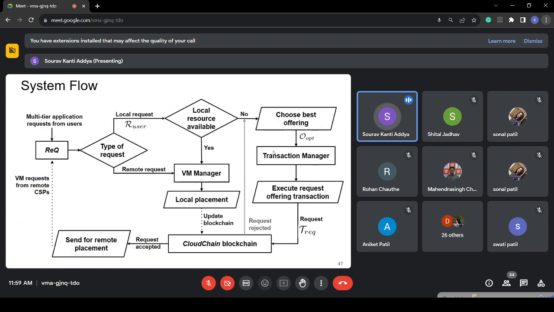I will briefly explain how things are happening and how we have implemented the logic. Basically, this is your smart contract, and the smart contract is the logic. I am going to explain how we wrote our smart contract and the logic behind it. Here you can see that a multi-tier application request will come into the resource queue.